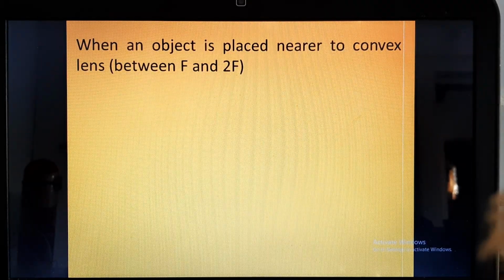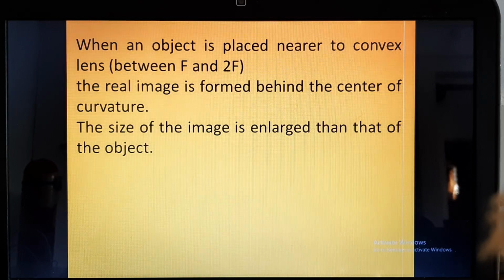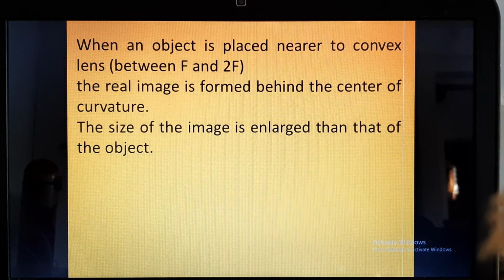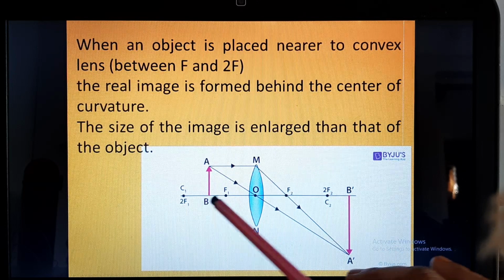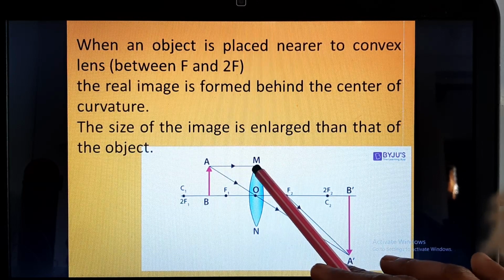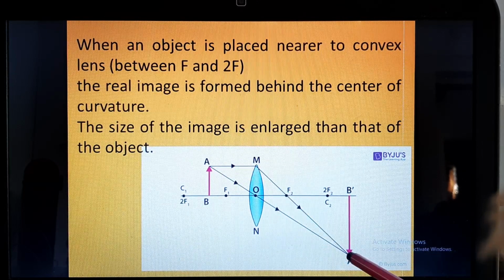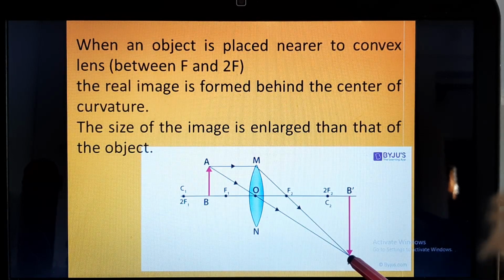Now when the object is placed near the convex lens between f and 2f, a real image is formed and the size of the image is enlarged. Here you can see this is the object, it is near the lens. Again light is incident, it is refracting, and this is one ray and this is the other ray, and they are meeting at this point. So the image is real because they are actually meeting.